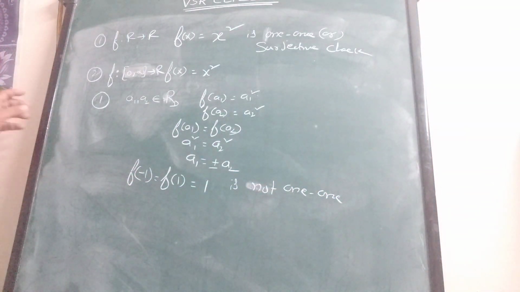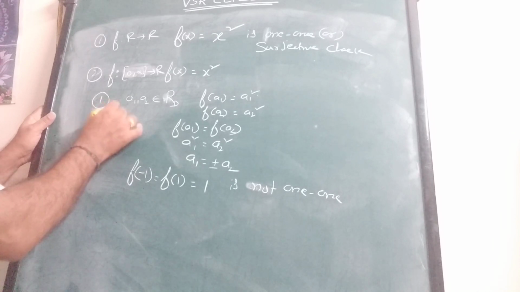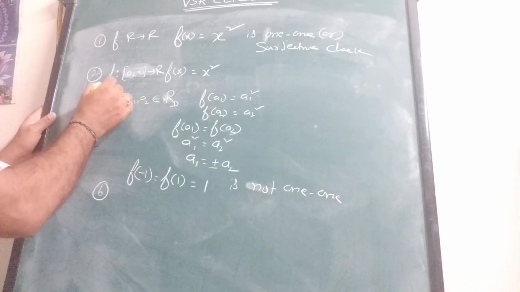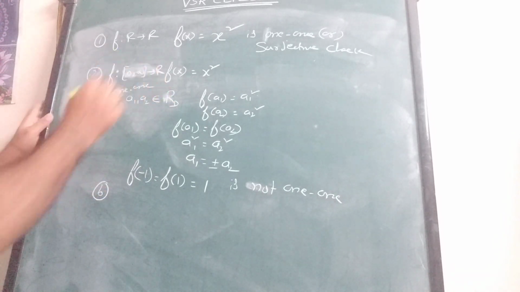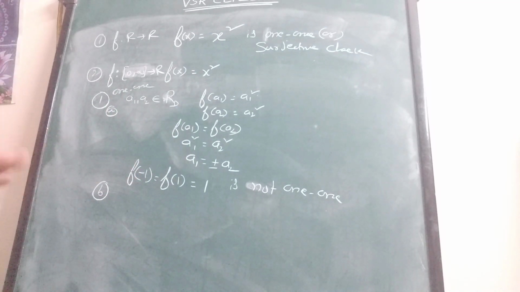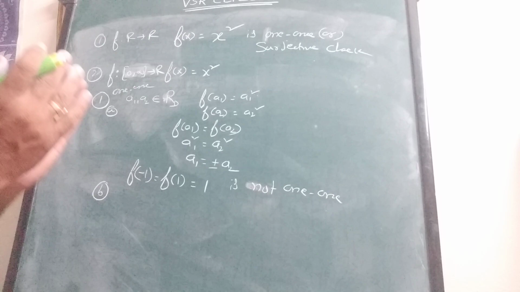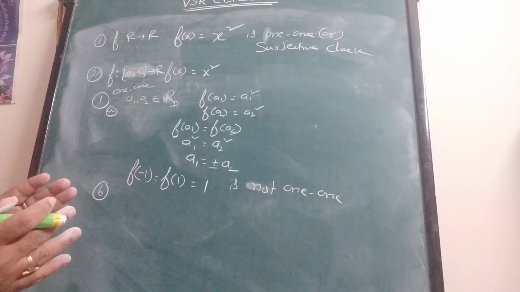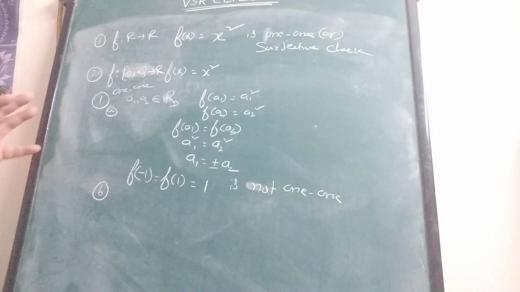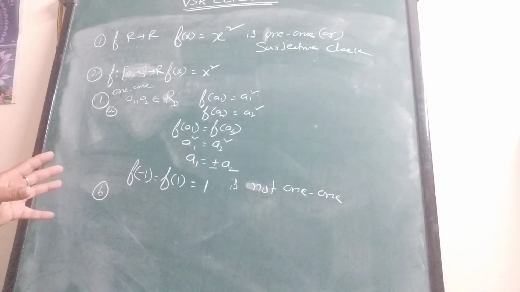Now we'll go for surjection, or onto. It is not 1-1, we proved. Now what does surjection mean? Every element of B, the codomain, should have at least one preimage in capital A, which is nothing but the domain.